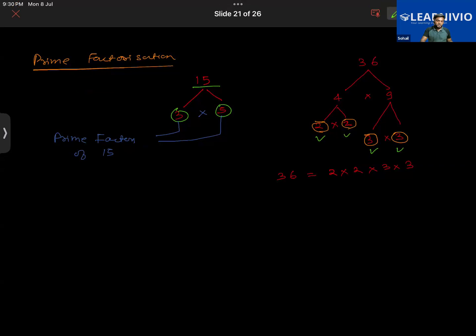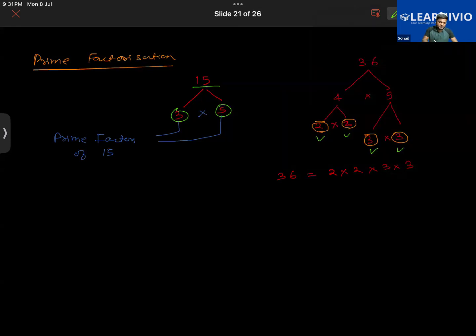So this whole thing is called prime factorization, which we have learned right now, where you find the factors, but specifically you find the prime factors of the given number. Getting it now? Specifically, here you have represented the number as a product of the prime numbers.